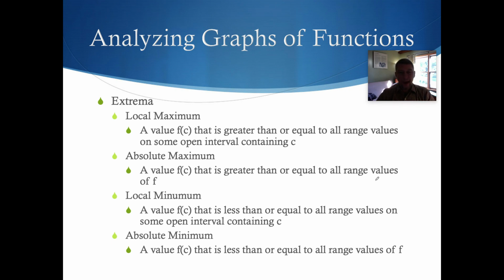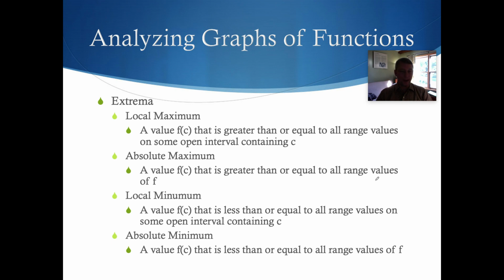You have a local maximum, which is a value of f of c that is greater than or equal to all range values on some open interval containing x equals c. In other words, it's the highest height of a hill on a graph.